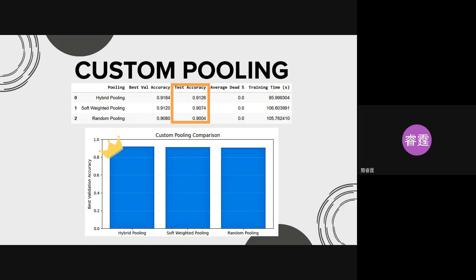Hybrid pooling works better because it combines different pooling ideas, as I mentioned before, and it can keep useful features while still reducing the feature map size. Compared with only one pooling strategy, hybrid pooling keeps a better balance between performance and stability. In conclusion, among our three custom pooling methods, hybrid pooling is the most efficient one.